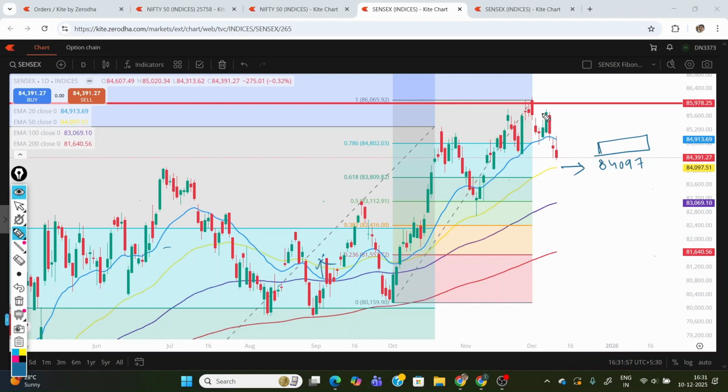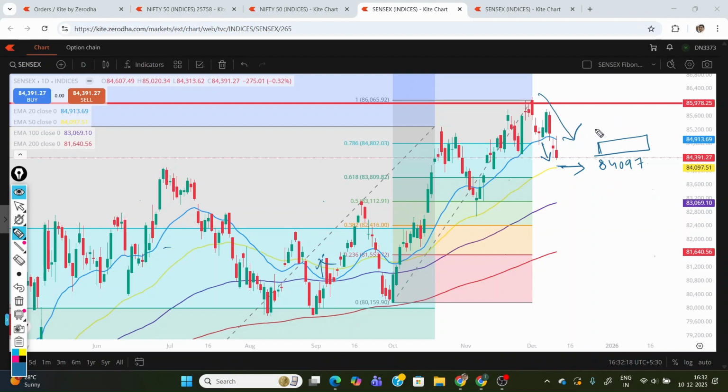This is a swing trading perspective too. Trend is negative, intraday also the trend is negative. So we expect a big red candle here, which is more likely to test this 50 period moving average.